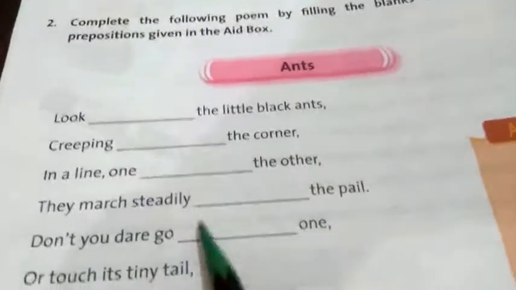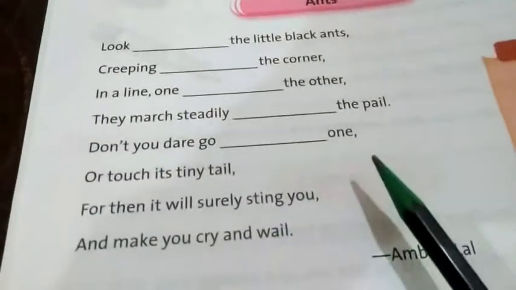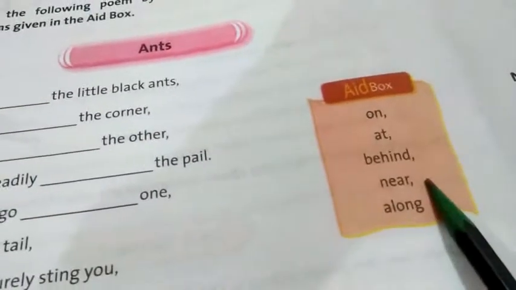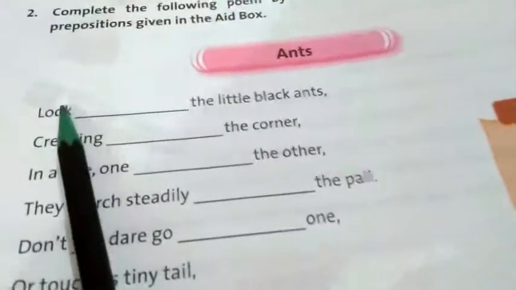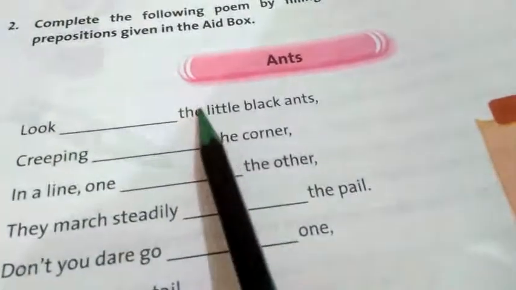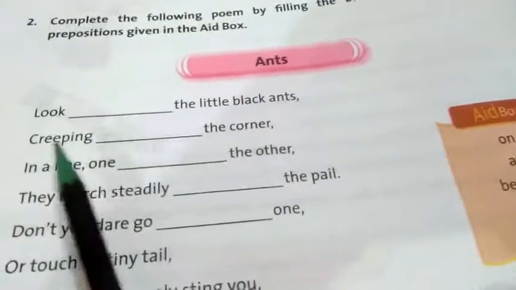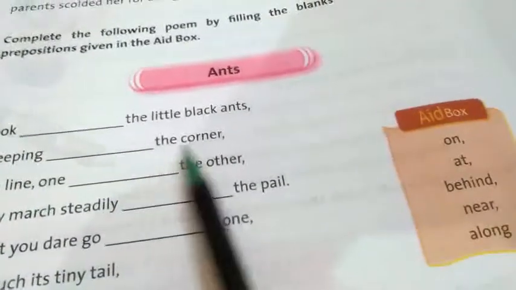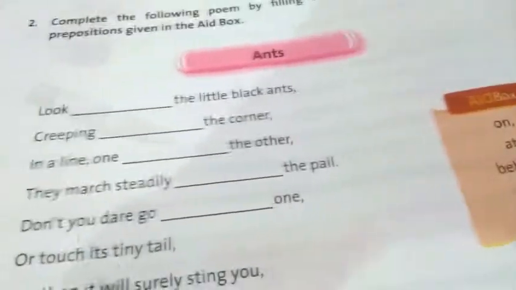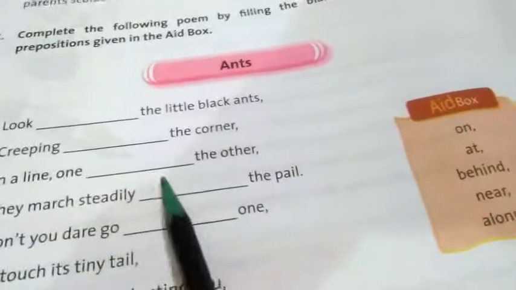Now complete the poem. This is a small poem, you can learn it, but before learning we have to complete it. And there is a help box also, some words are given here. Let's complete it. Look at the little black ants. At will be here. Creeping along the corner in a line, one behind the other.